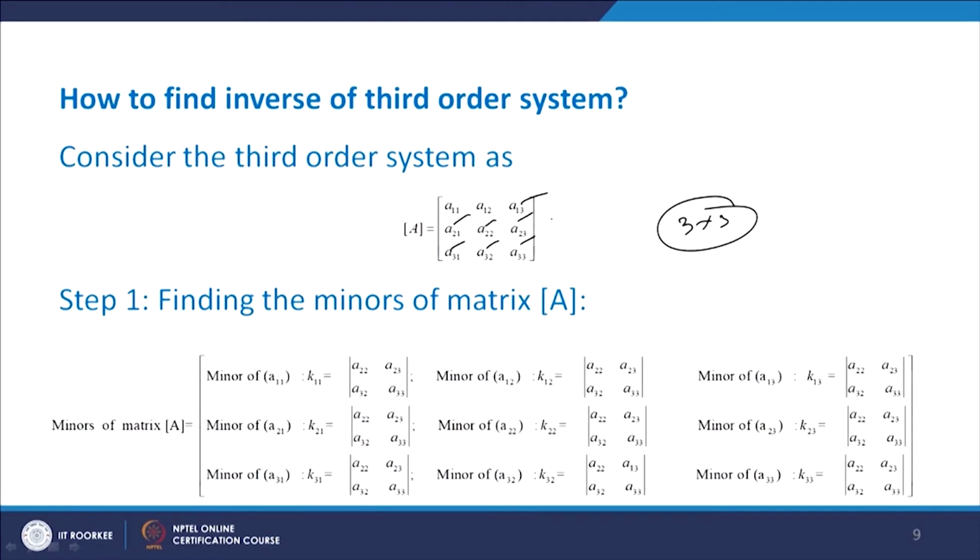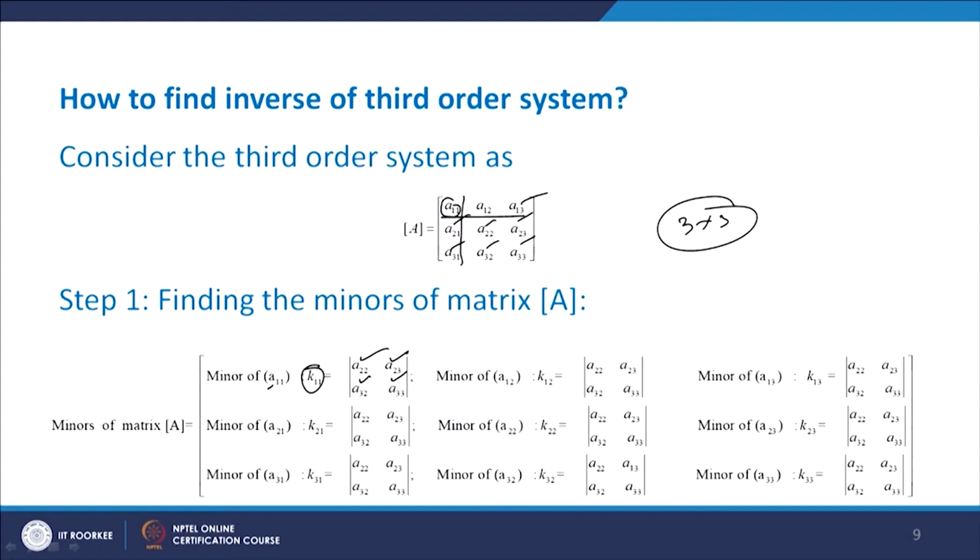In order to get the principal minors, first I take A11. The minor of A11 we have written as K11, which equals, just remove this row and this column, A22, A23, A32 and A33.